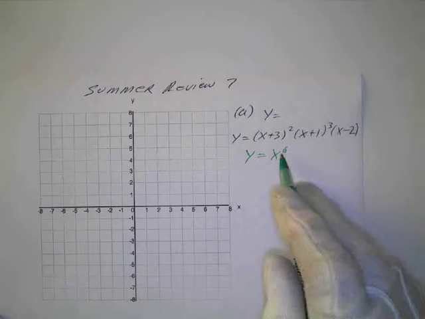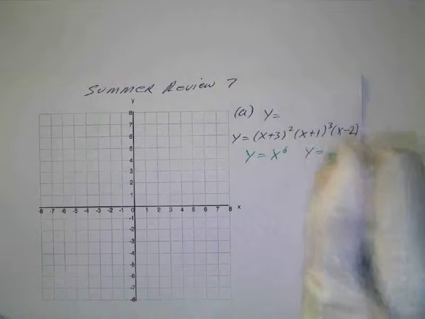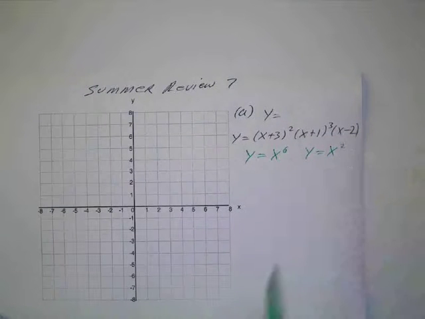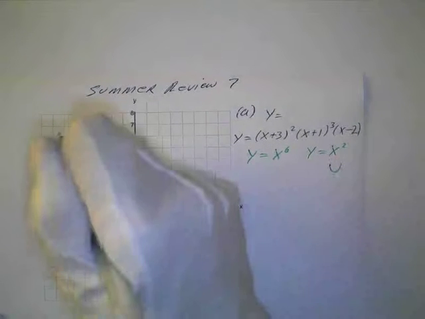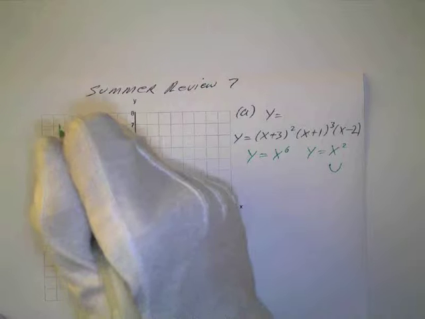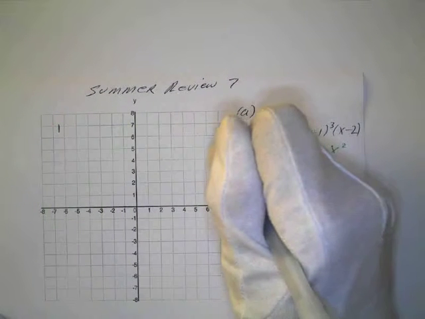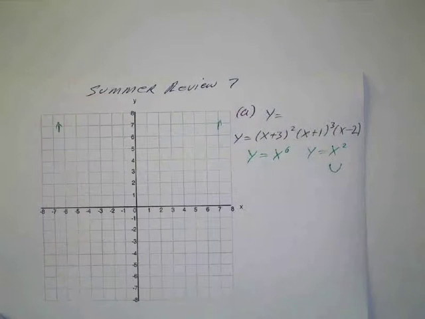Well, that power is even, so that's going to behave like y equals x squared. So y equals x squared goes like this. So my end behavior is I'm going to start up high, and I'm going to end up high. So you put little arrows there, which means that's what's going to happen with the curve.